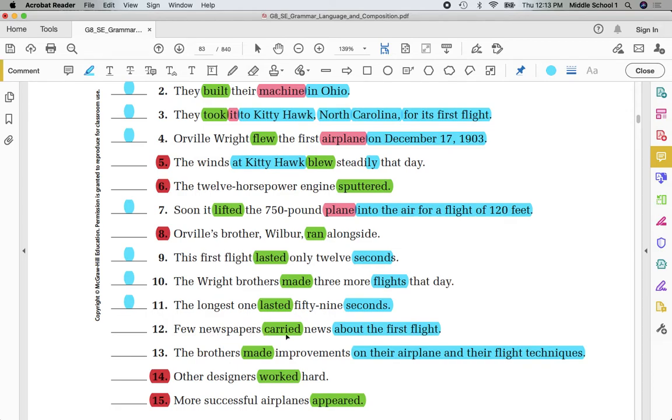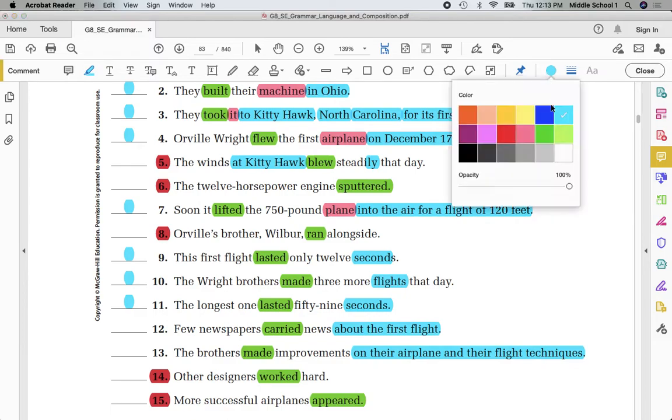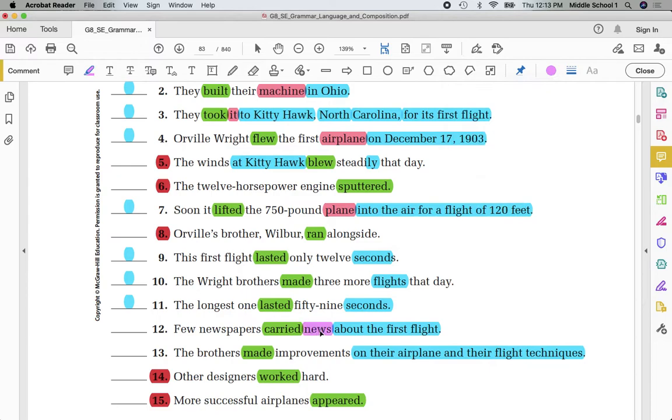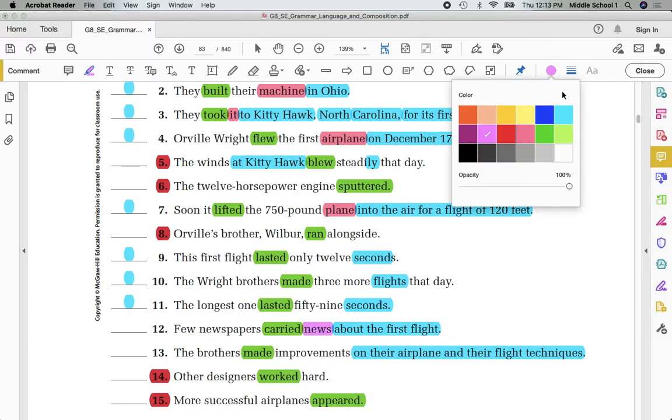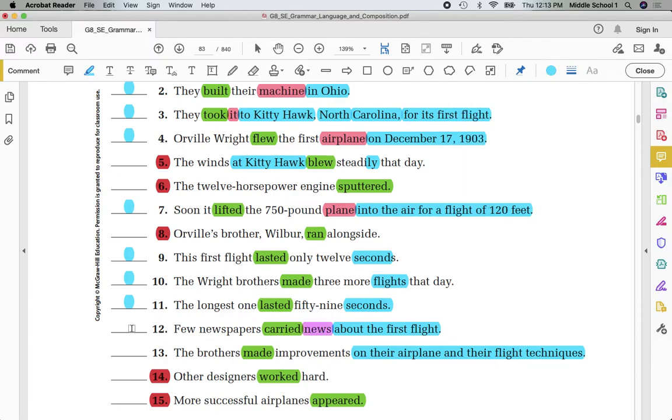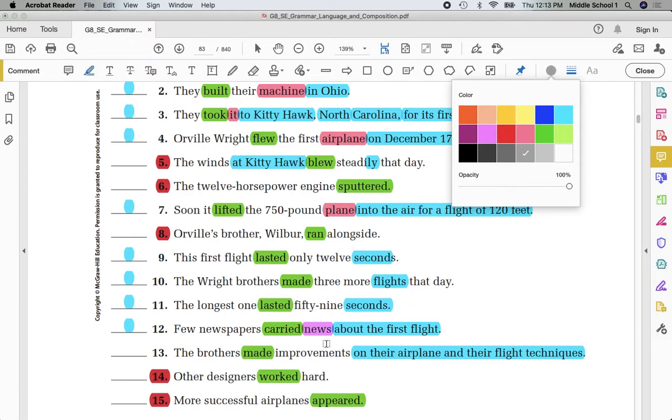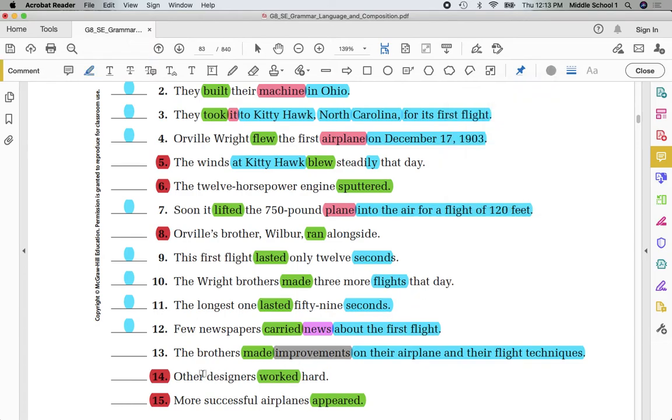Newspapers carried what? Newspapers carried news. That makes this sentence transitive. Brothers made what? What did the brothers make? Brothers made improvements.